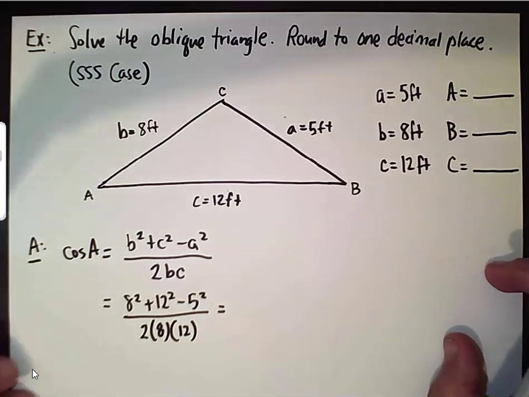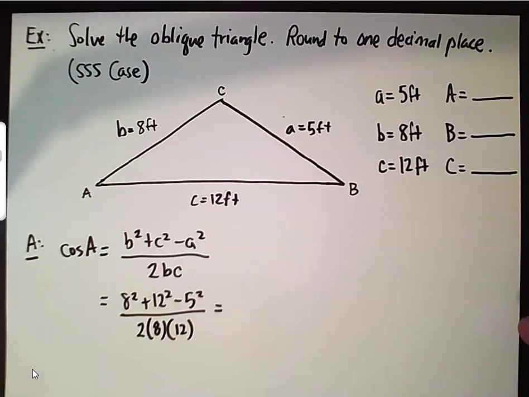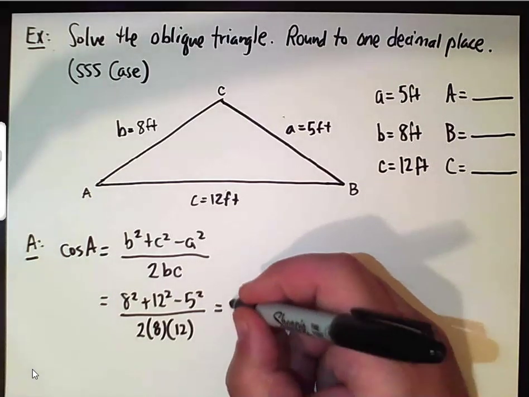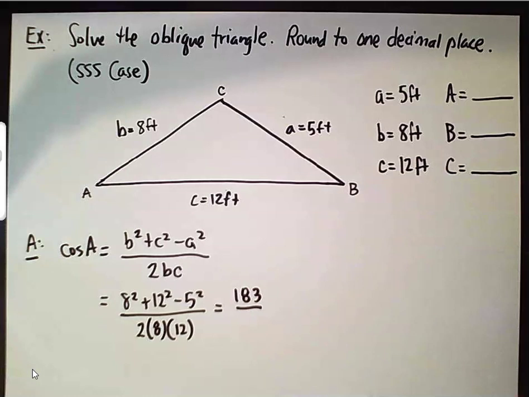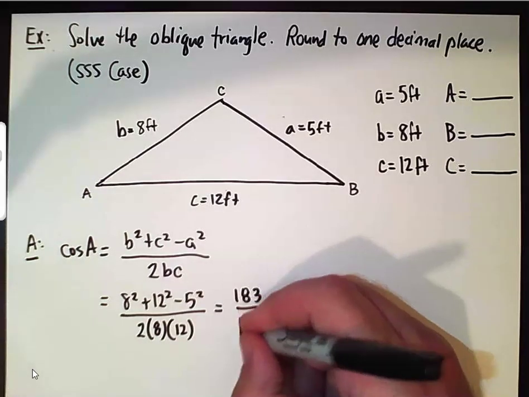And so cosine of A is going to be, when I plug that into my calculator, 64 plus 144 minus 25 is 183 over 2 times 8 times 12, 192.